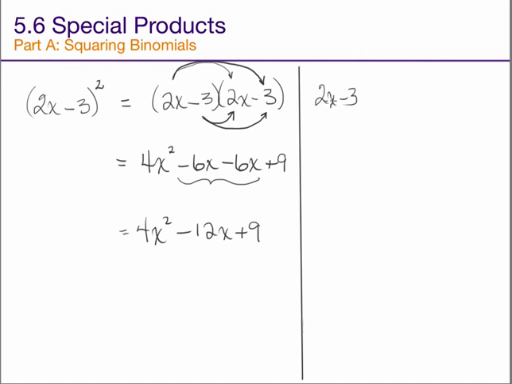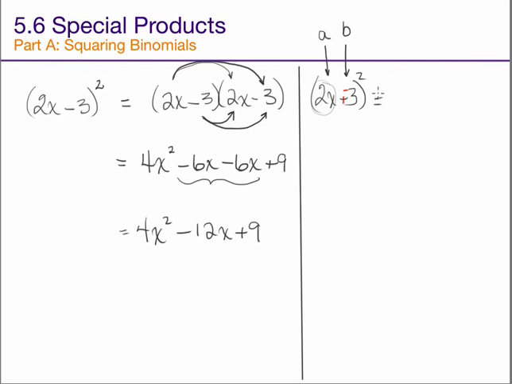2x minus 3 squared, using the shortcut. First, let's identify what our a and our b are. A is 2x. B is negative 3. Now I'm ready to do the work.